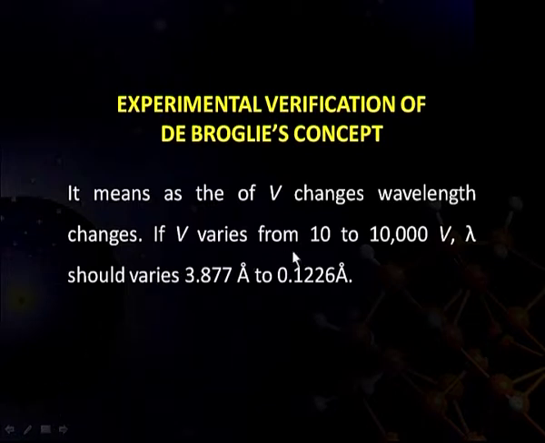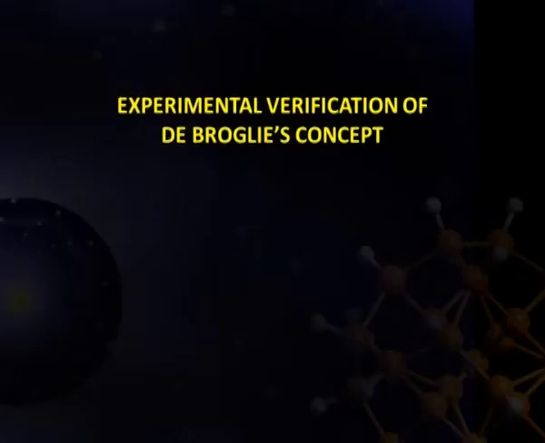If V varies from 10 to 10,000 volt, lambda varies from 3.877 angstrom to 0.1226 angstrom. This is the order of wavelength of X-rays. It is well known that crystalline solids can act as diffraction grating for X-rays.